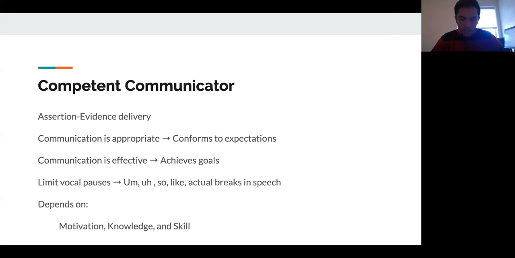What also makes you a competent communicator is being appropriate. Again, this goes back to the lack of appropriation for the first presidential debate. It conforms to expectations. Everyone has this precedence about how a certain event is supposed to be handled, how the speakers are supposed to be treating each other, or how the design layout of the floor and panel is, where people sit, even considerations such as the color of the design or presentation space.